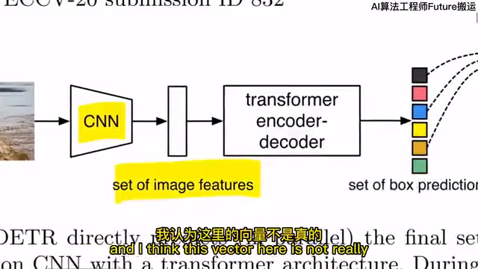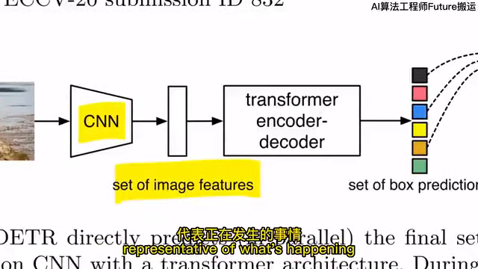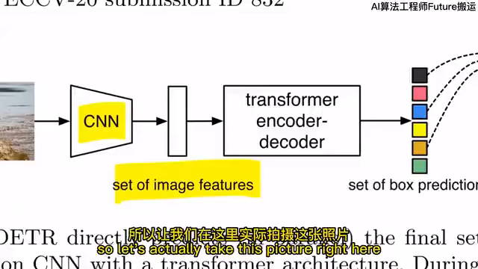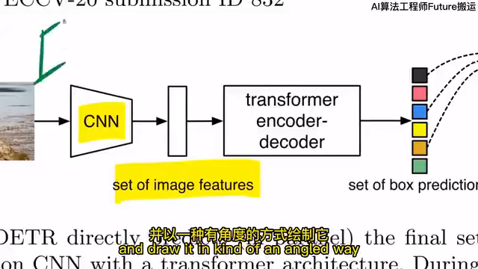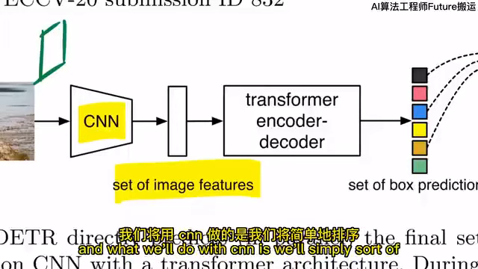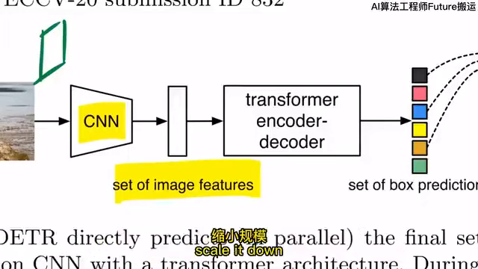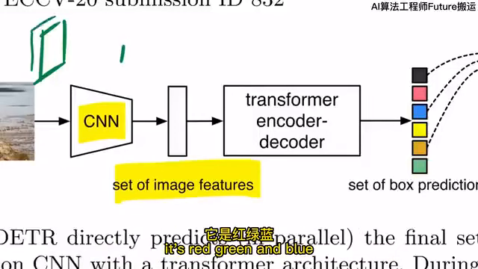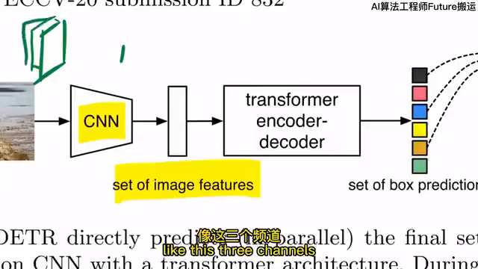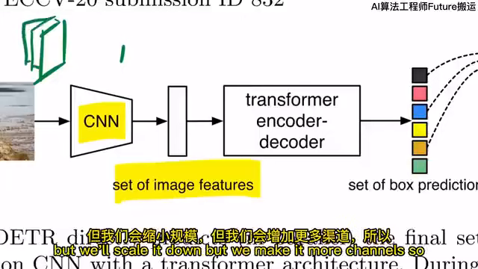I think this vector here is not really representative of what's happening, so let's draw the picture in an angled way. What we do with the CNN is scale it down but have it with more channels. Here it's 3 channels: red, green, and blue.